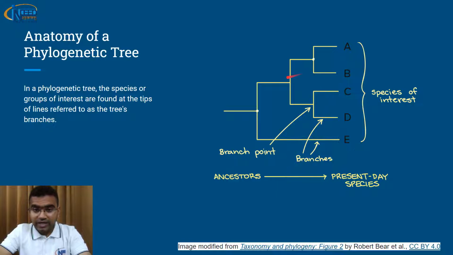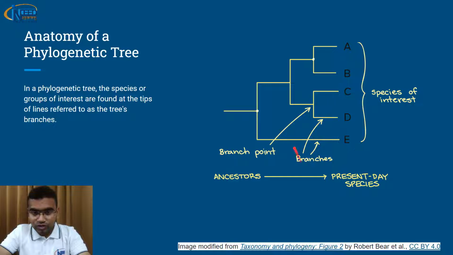At the tips we have species A, B, C, D, E. These species of interest are the present day species. They are the evolved ones.